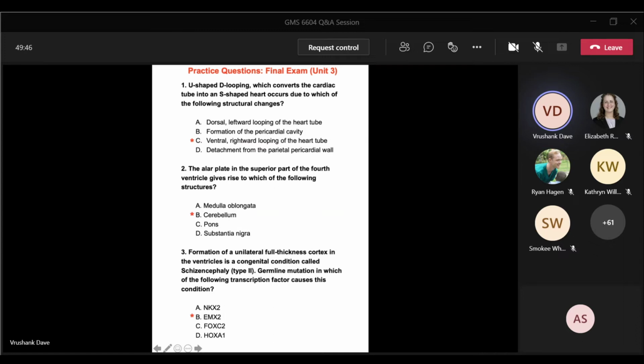Anybody who knows about FOXC2? Is that the lymphedema-distichiasis? Yes, that is correct. And there are other things associated with it. Double layer of eyelashes? Yeah, double-layered eyelashes. That's a rarity, in the sense most people have multiple other disorders, as you mentioned, including lymphedema.